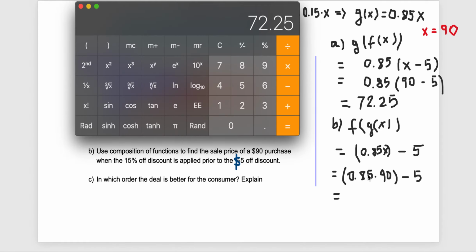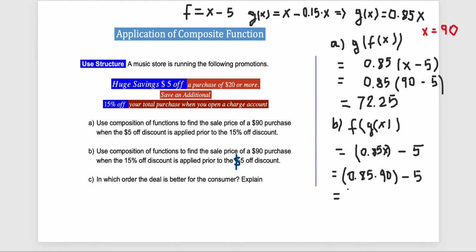First of all, we respect PEMDAS, the hierarchy of operations, so multiplication first. 0.85 times 90 is going to be equal to 76.5. But now we have a minus 5, and we get 71.5.